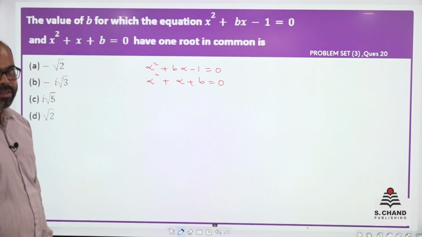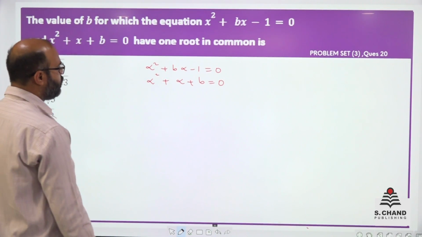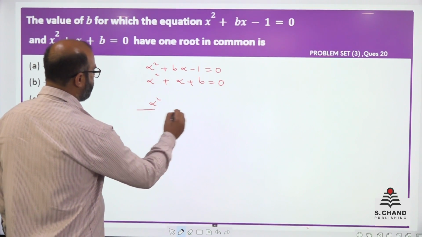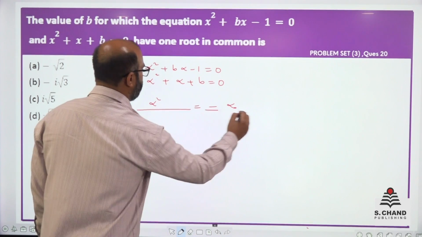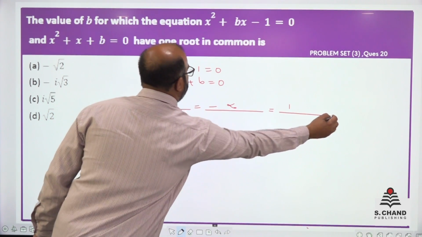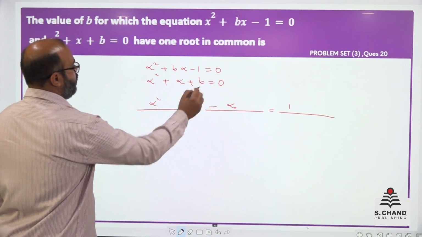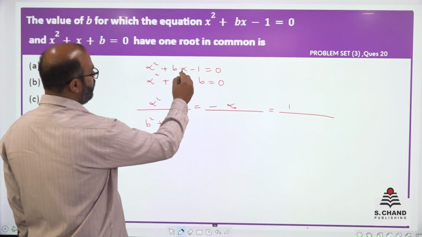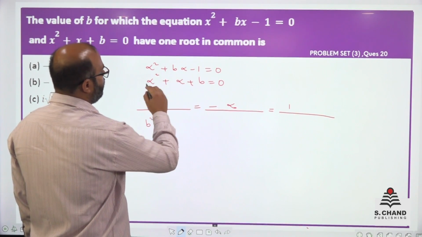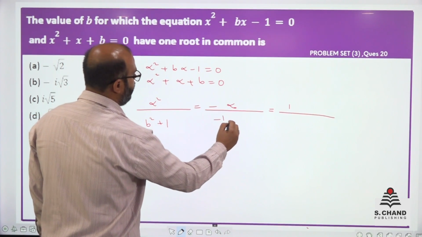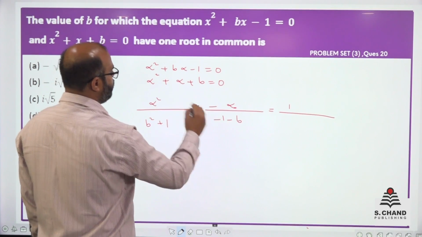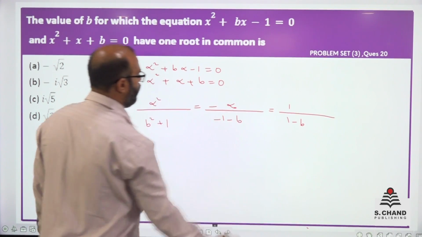Now this alpha is the common root. What we do next is we take alpha square like this, alpha like this, 1 like this. So alpha square will be b square plus 1, alpha will be minus 1 minus b, and 1 will be 1 minus b, like this.